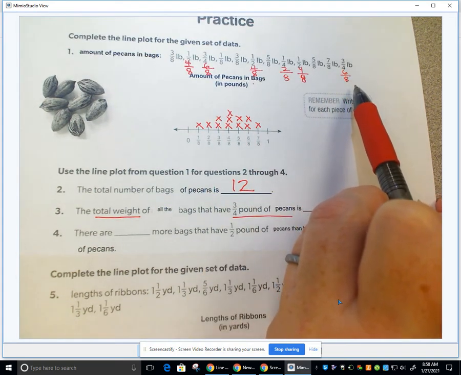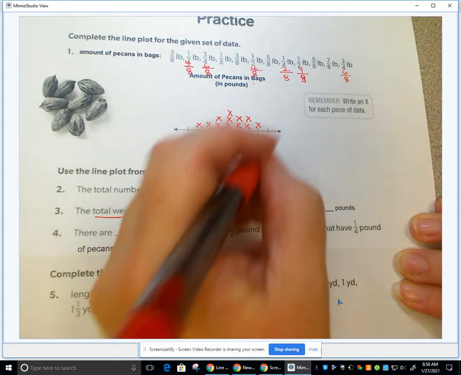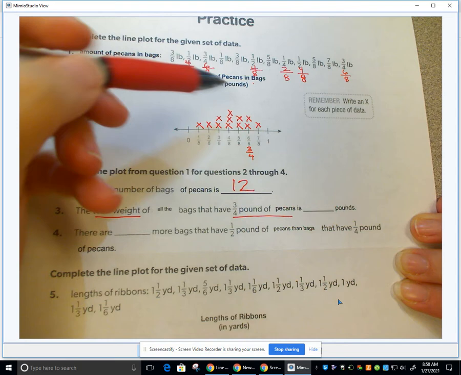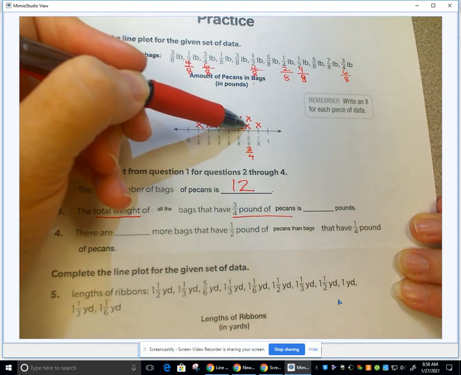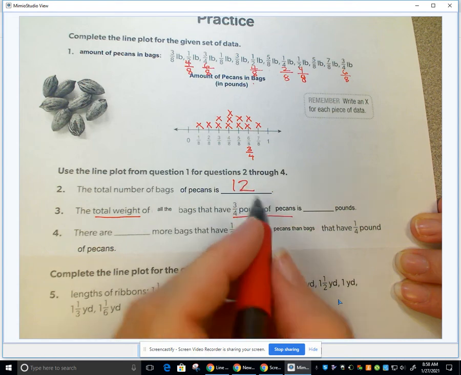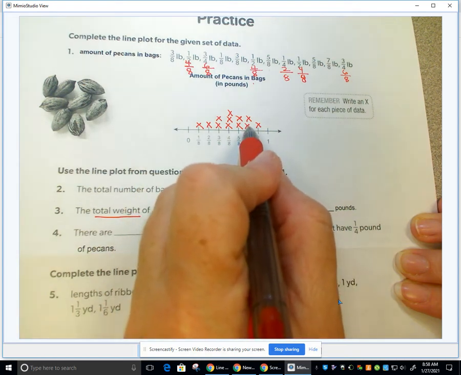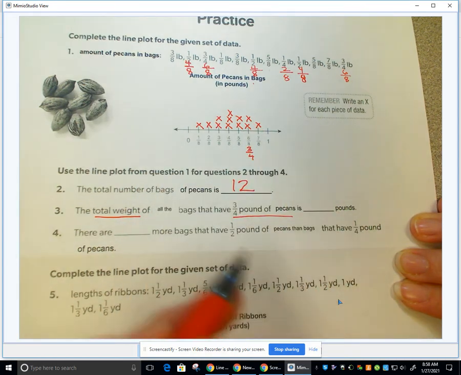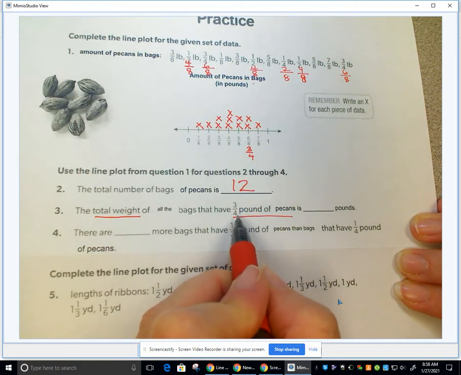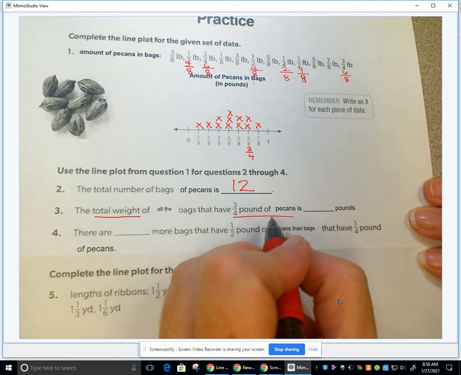So how many 6/8 did I have? See, we know that equaled 3/4. There were 2, and it's asking me what was the total weight of all those bags. If there were 2 of them that equaled 6/8 each, but they're using 3/4, so I'm going to make them 3/4.